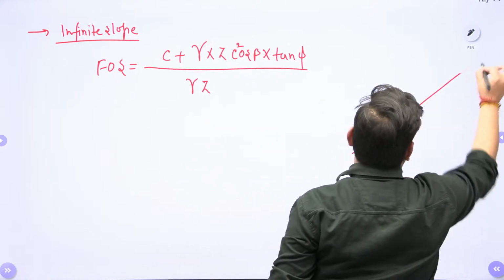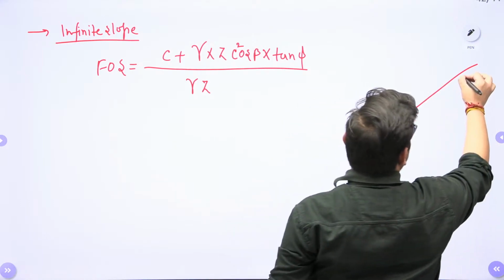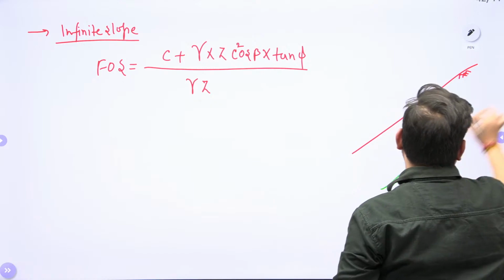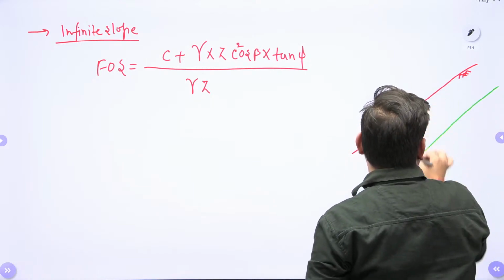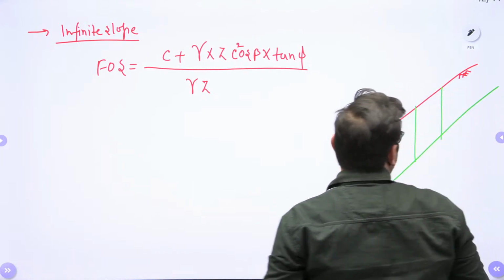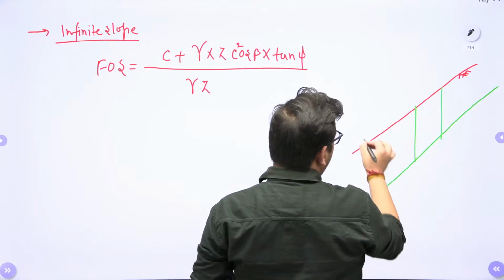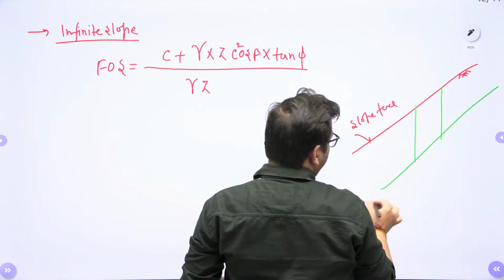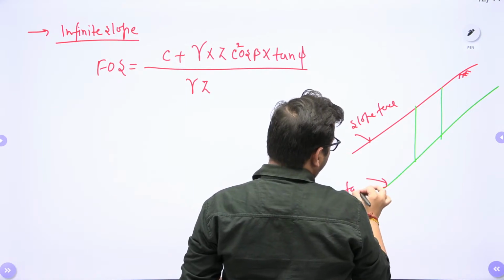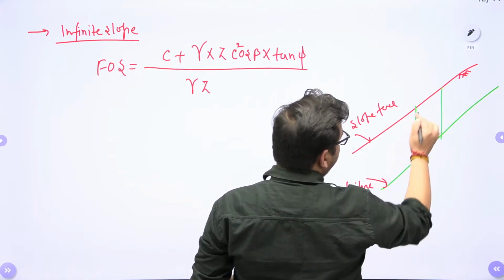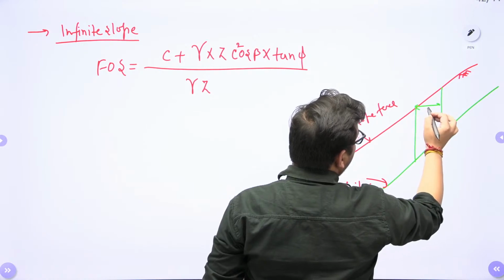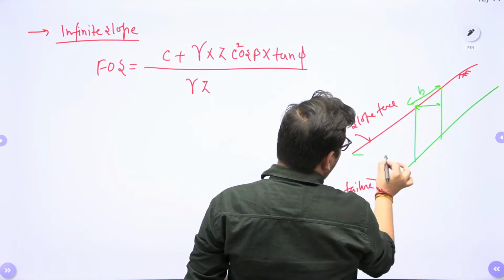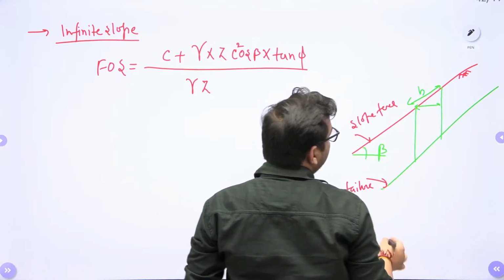Let's suppose this is your particular slope, right? And this is your failure plane. If I assume one element, this is your failure plane, this is your slope face. This is your failure plane. Let's suppose this dimension is your B. This angle of slope is beta, right?